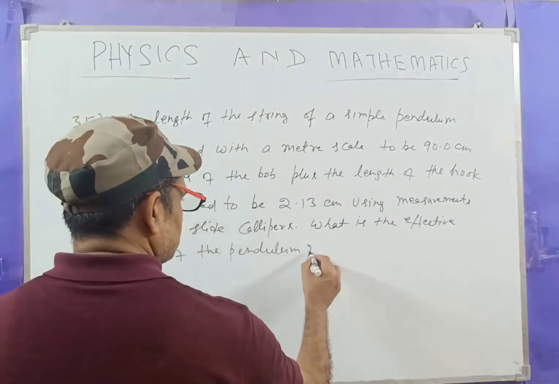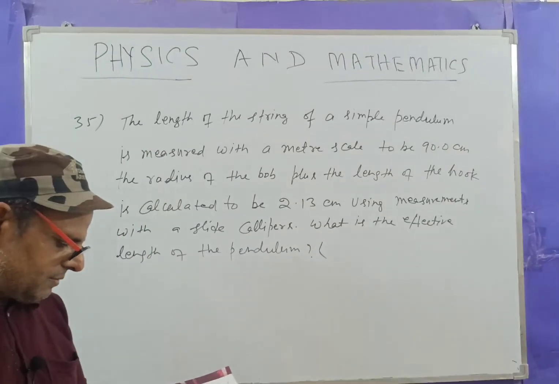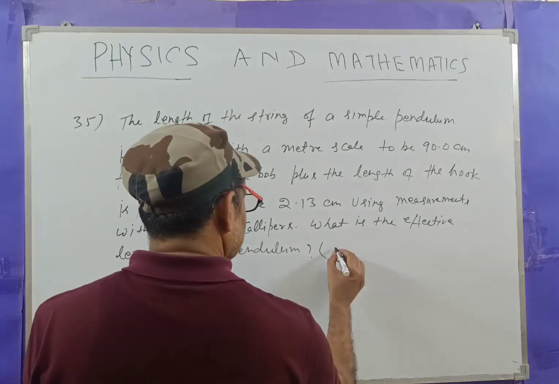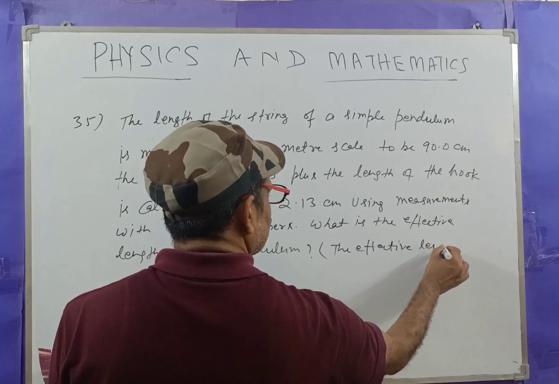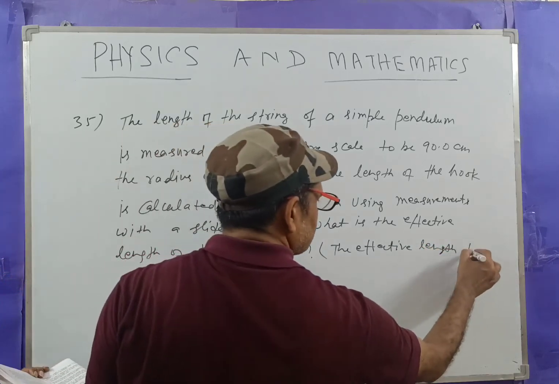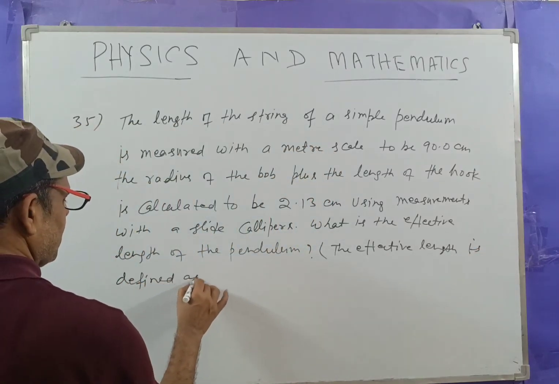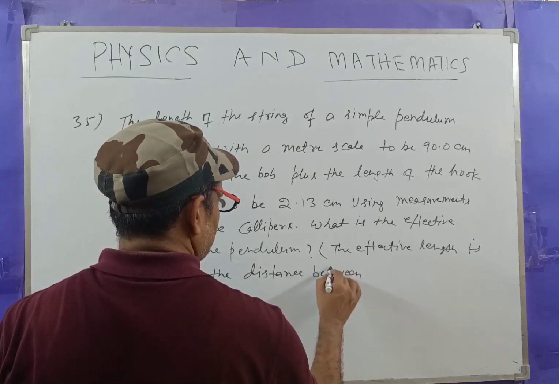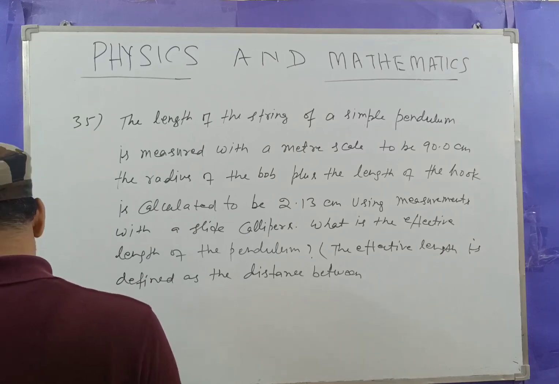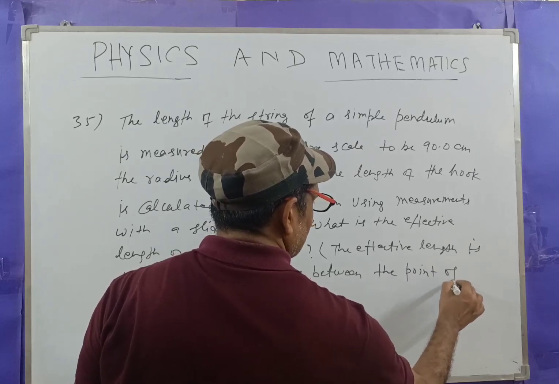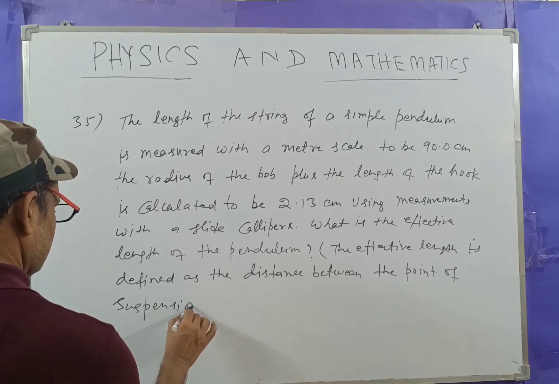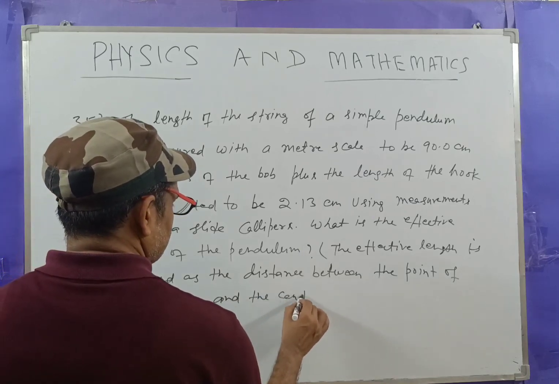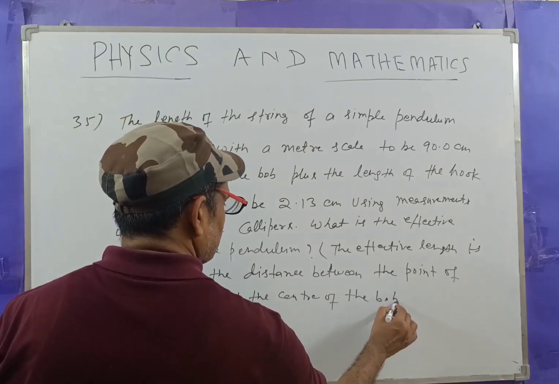I can also write here the effective length is defined as the distance between the point of suspension and the center of the bob. Okay.